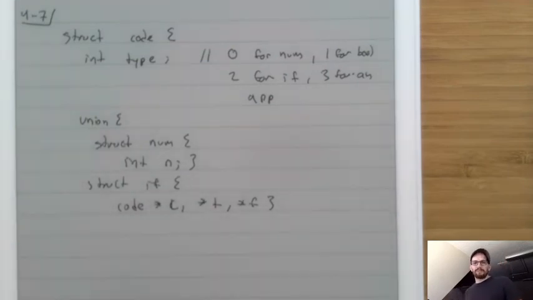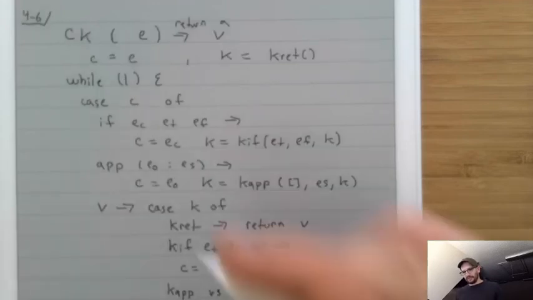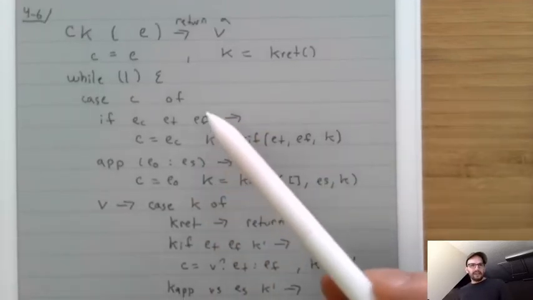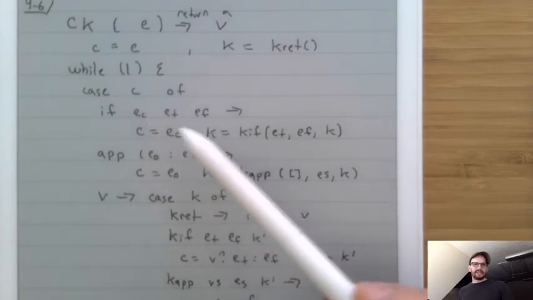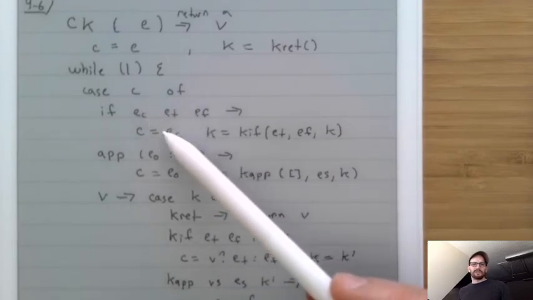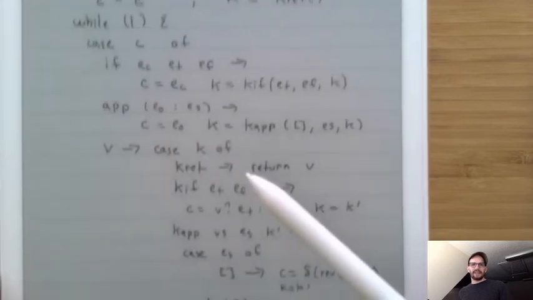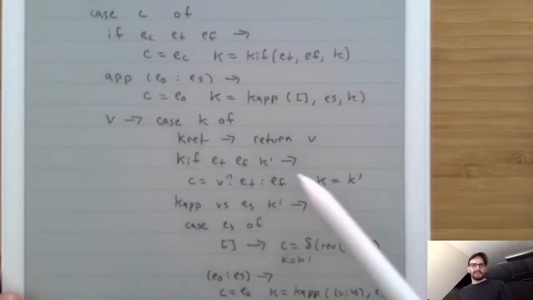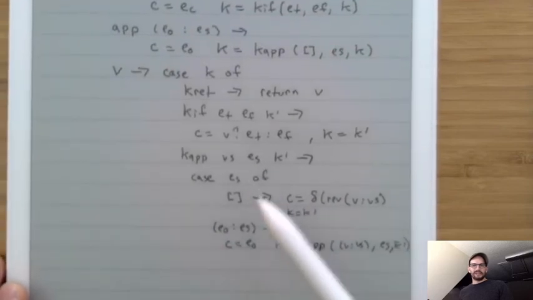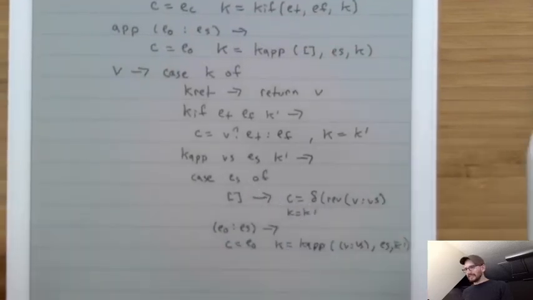That's, of course, in bare C. Obviously, if you use C++ or Java, it would be easier to do a case statement like this. And notice that what each side does is you check to see what the case is, and you just update the two variables. So you just update C and K, update C and K. If it's a value, you look at K now, and you either return it or update C and K, or check out E's and update C and K. So notice that this C program, this implementation of the CK machine, is extremely trivial.